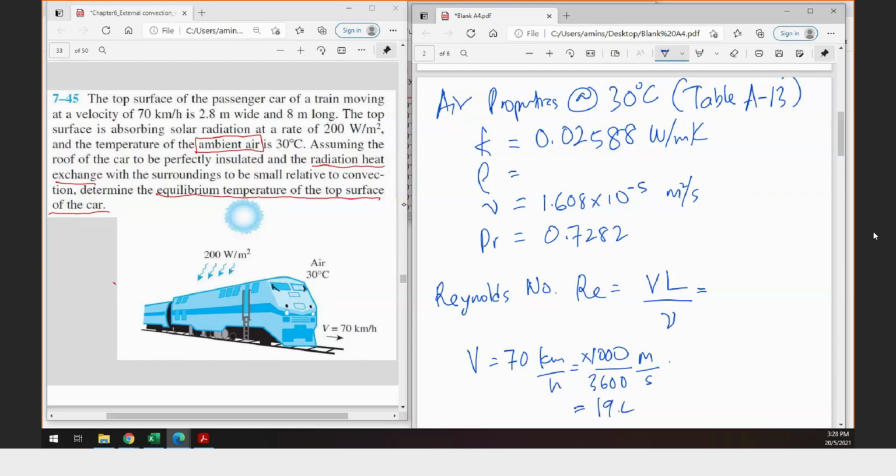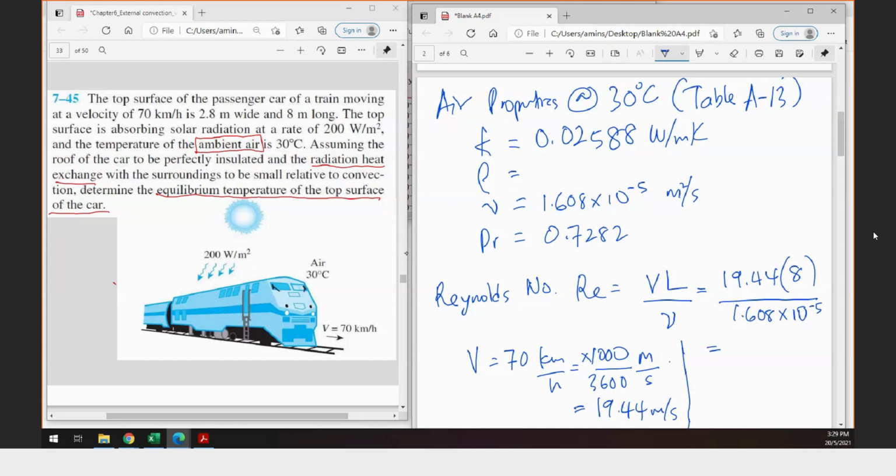19.44. Okay, thank you. So 19.44 times the L. How much is the L? L is 8 meter, because it is the length of the surface parallel to the flow. Divide by 1.608 times 10 to the power of negative 5.